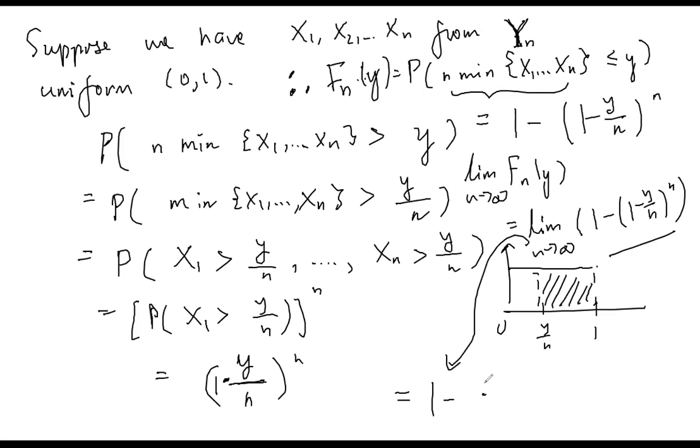Okay, 1 minus e to the power of minus y, right? Because this is just basically a constant. So this is a well-known calculus result, so that's why you have to know this limit. This limit is very important. Okay, so you get this function.